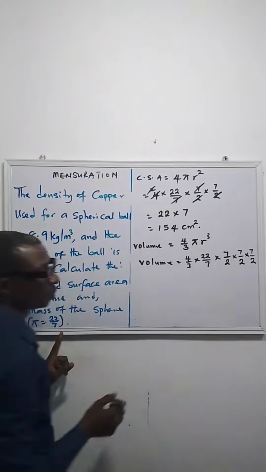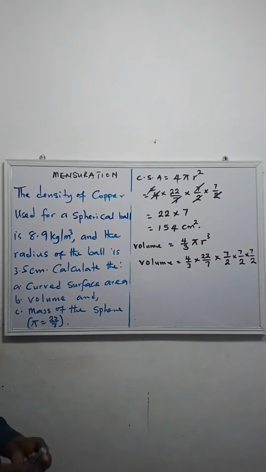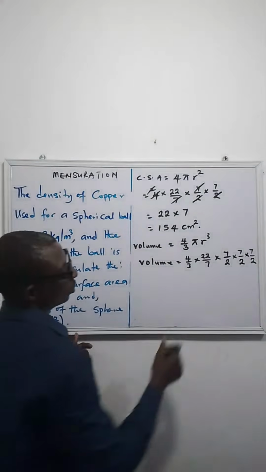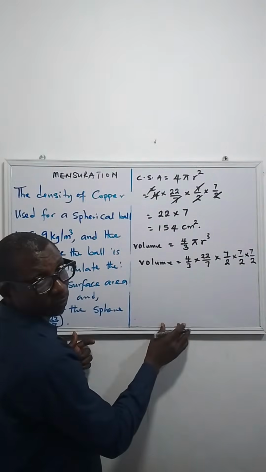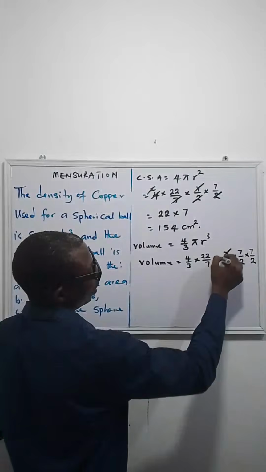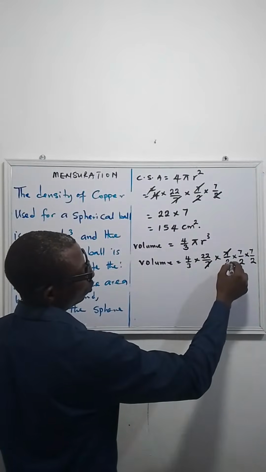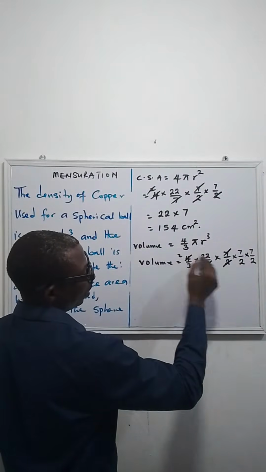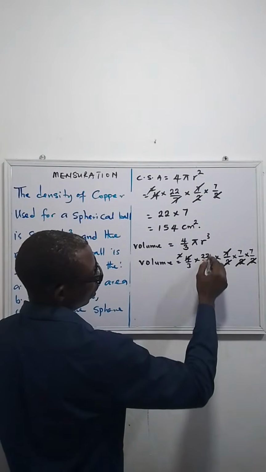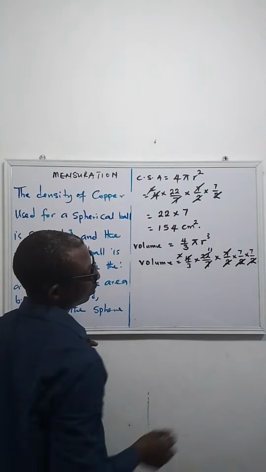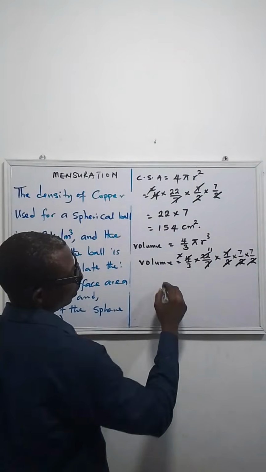All right, let's see how far we can go with this. Since it is raised to the power of 3, we have 3 of 7 over 2. So this one cancels this. 2 cancels 2 here. We have 2, 2 cancels 1, 2. So 2 cancels this to be 11. So what are we left with now?